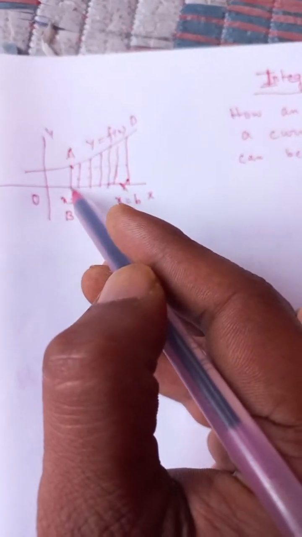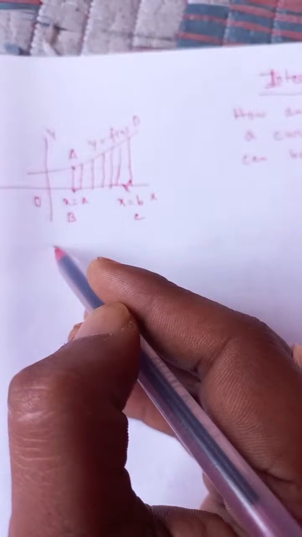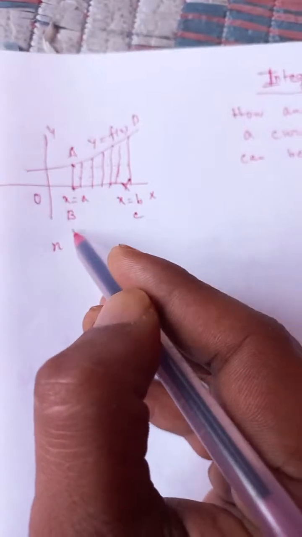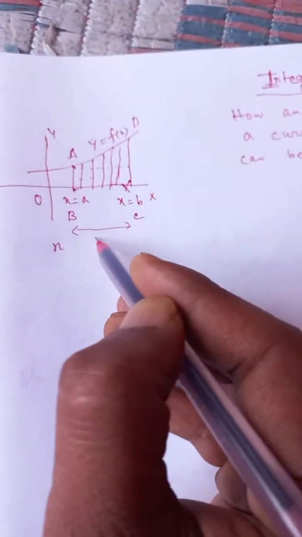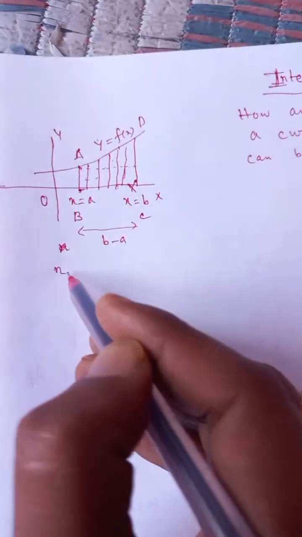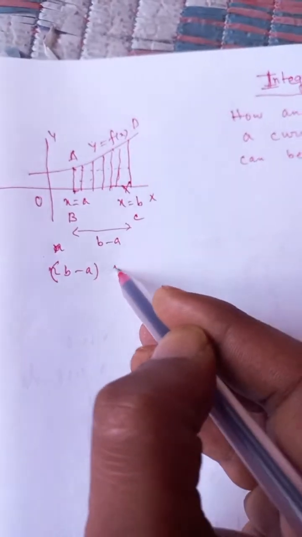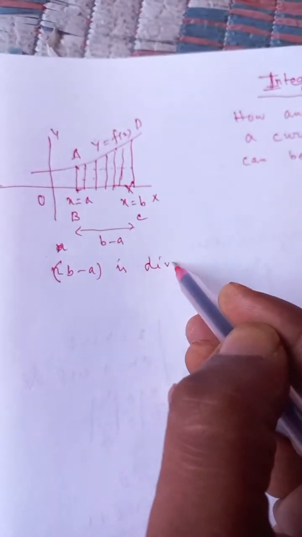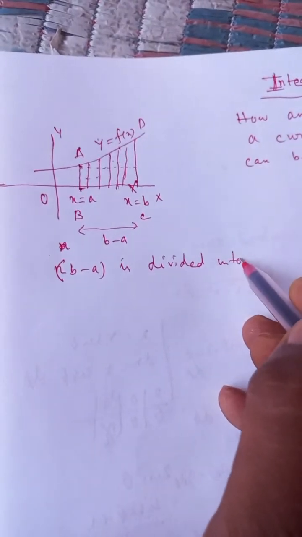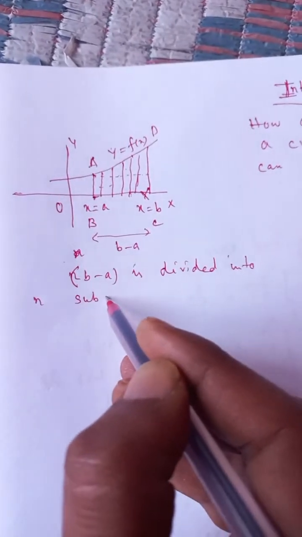So the interval is subdivided into n number of subintervals, and the total difference is b minus a, which is further divided into n subintervals.